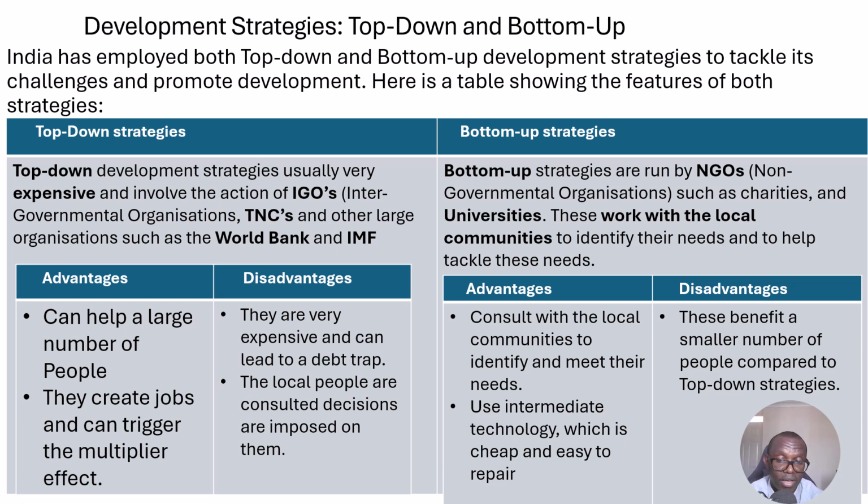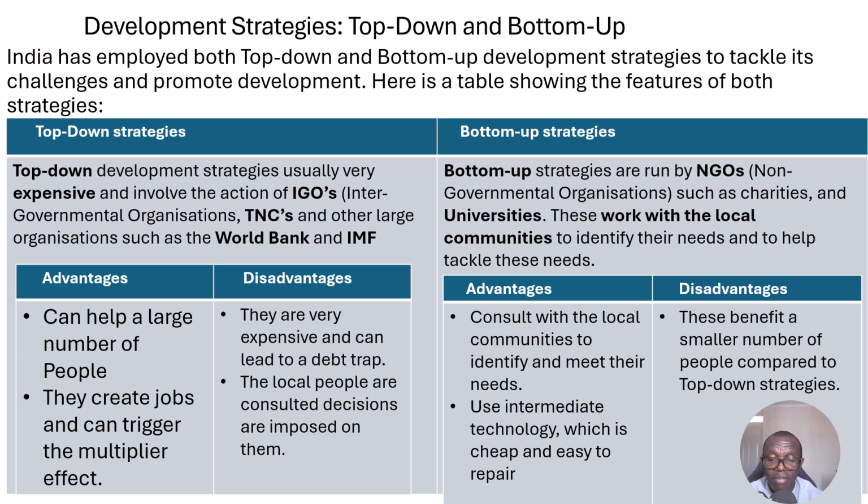So that's a disadvantage. Then for the bottom-up strategies, these are mainly run by NGOs such as charities and universities. And these non-governmental organizations work with the local communities to identify what those local communities need, and then they help them to tackle those needs.